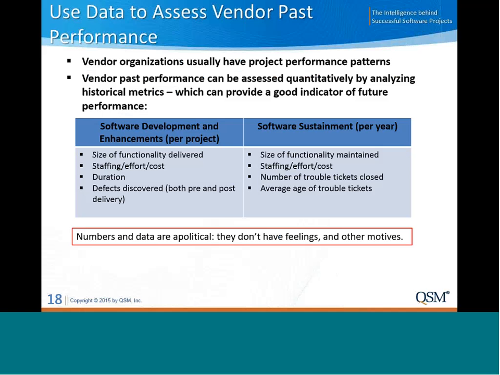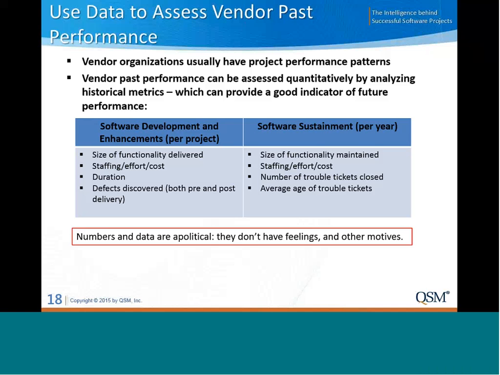For software development and enhancement projects, we ask for the following metrics on a per project basis. The size of the functionality delivered, staffing, effort, and/or cost, schedule duration, and then defects discovered both pre and post delivery. So we ask for that for each project that they submit as a past performance qualification.